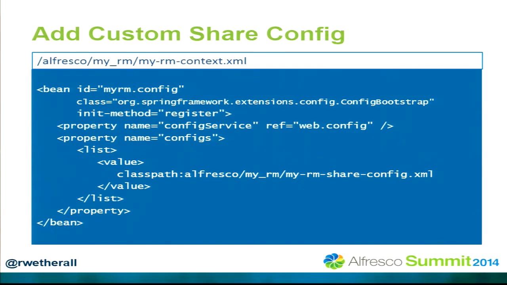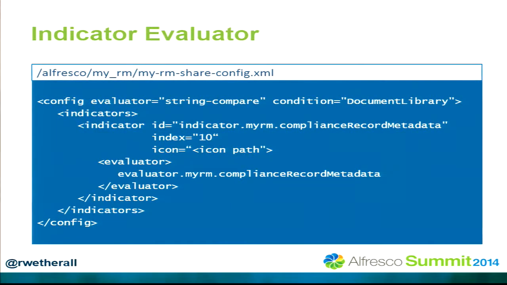The way we can do this explicitly, rather than just using the extension mechanism and the naming conventions, is to use that standard config bootstrap bean, which allows us to register a specific Share config in a particular location. Which is very useful, so you know that you're not going to override anything, and nobody's going to override you.